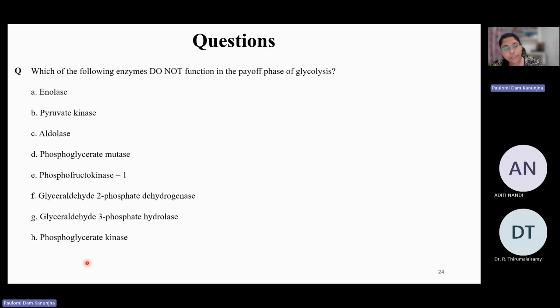Try to remember all the different steps and then remember where you use them.